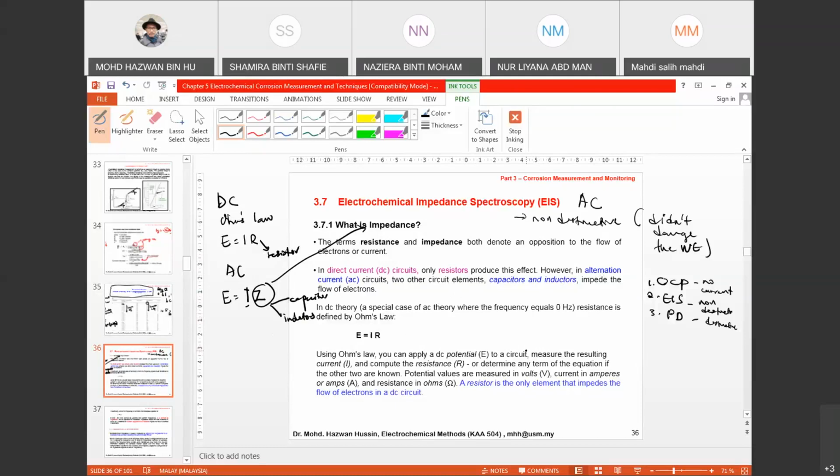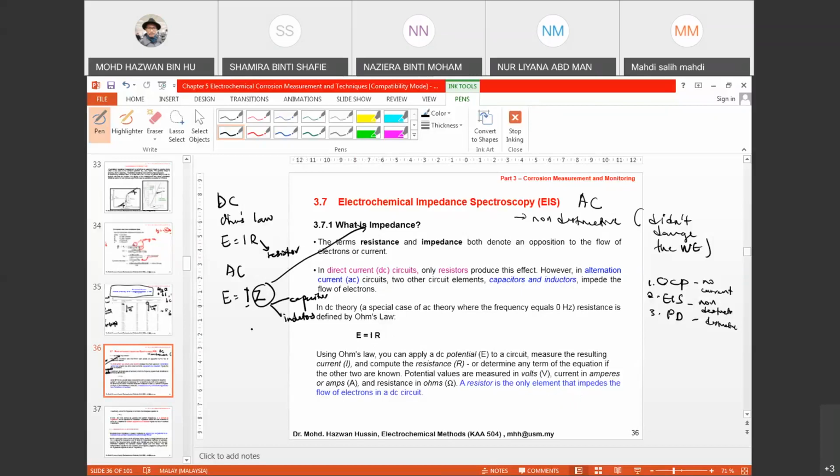All right. So as I mentioned earlier, in a DC system, Ohm's law is defined as E equals IR, where E is the potential, I is the current, and R is the resistance in ohms. A resistor is the only element that impedes the flow of current.